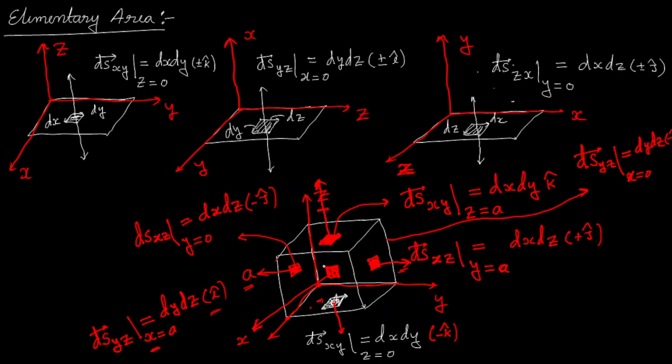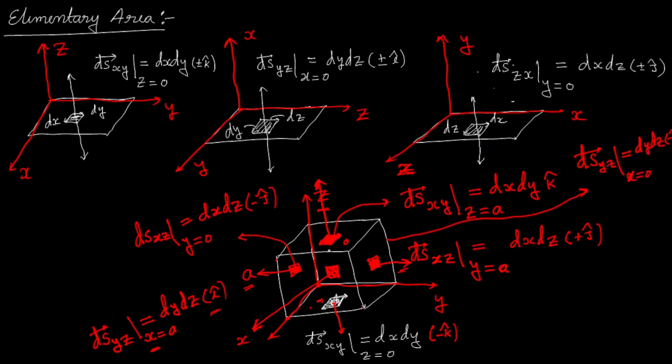So for this type of situation, if it is asked for the top surface, then we first take the elementary length vector, we have the elementary area vector, and then whatever electric field is given, we have to take a dot product with this electric field, and then we put z equals to a for this surface, and then we have to take the integration over this surface, and that will give the electric flux that passes through the top surface.